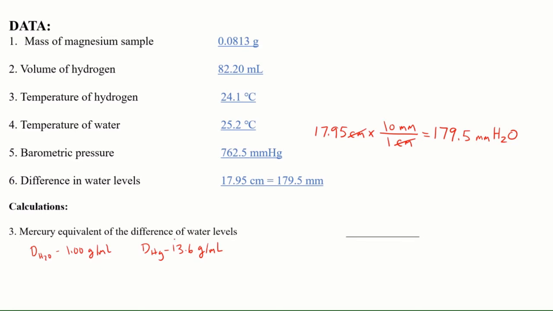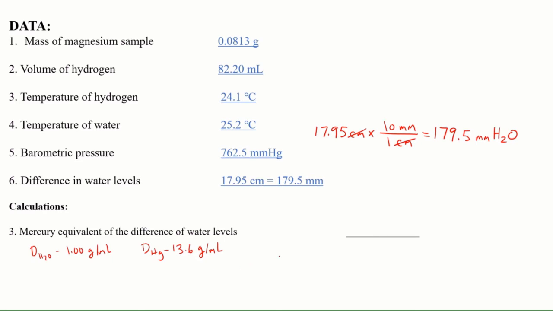So mercury is 13.6 times heavier than water. So to convert millimeters of water to millimeters of mercury, I need to divide by 13.6.